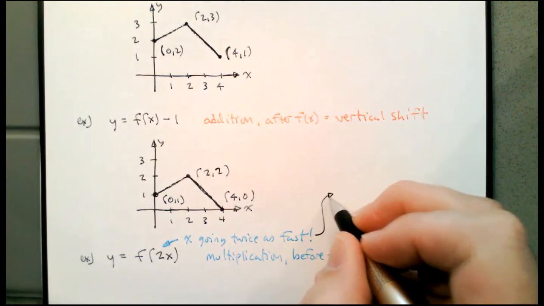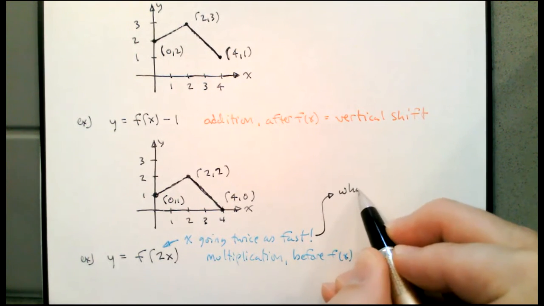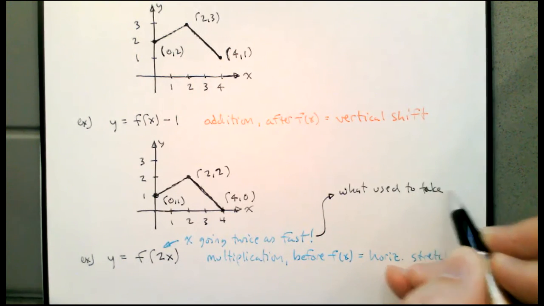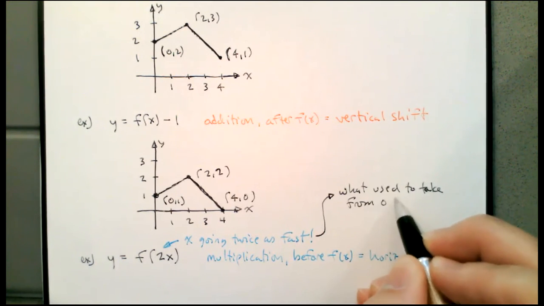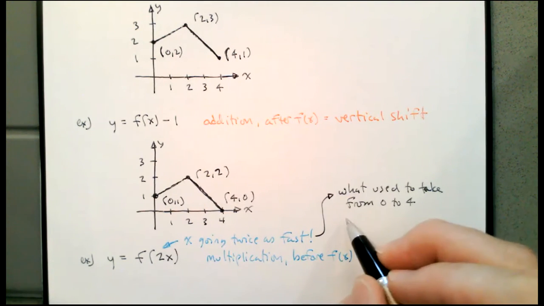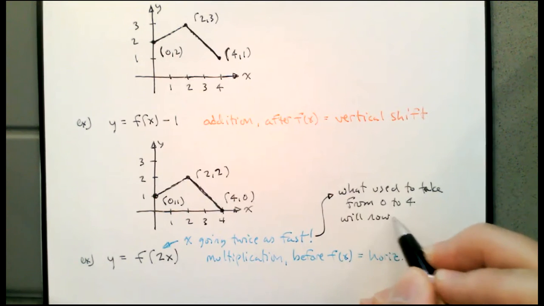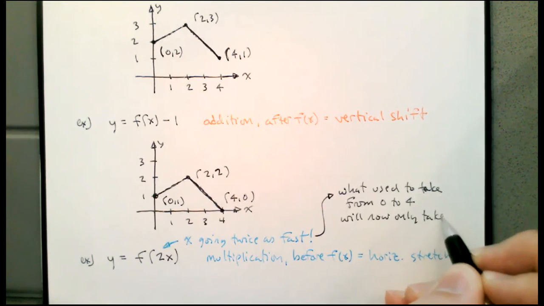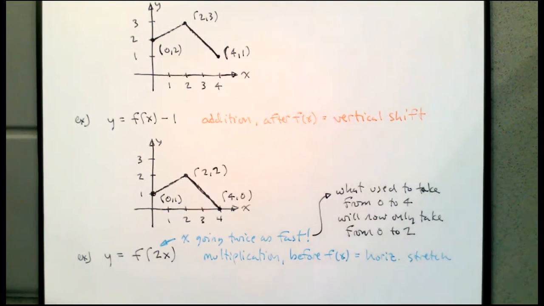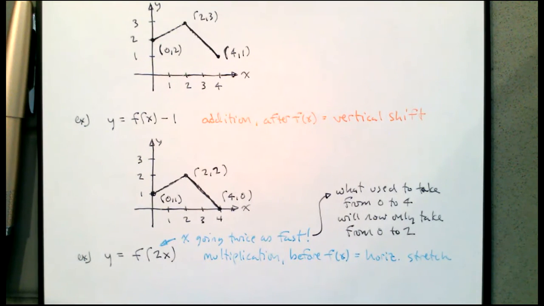So when I say x is going twice as fast, what used to take from 0 to 4 will now be done from 0 to 2. So rather than taking 4 units on x, it will only take 2 units on x, because when x is equal to 2, we're going to be evaluating f of 4.